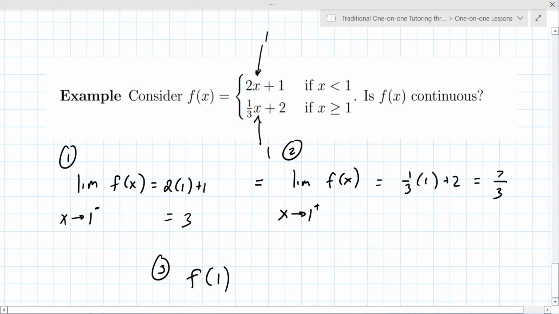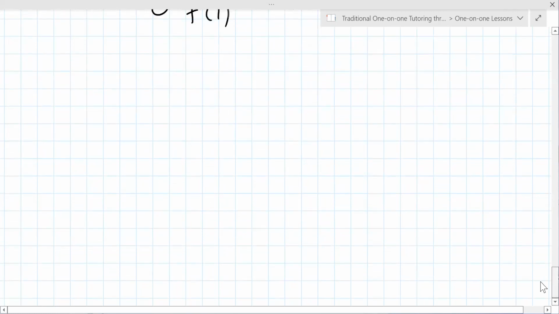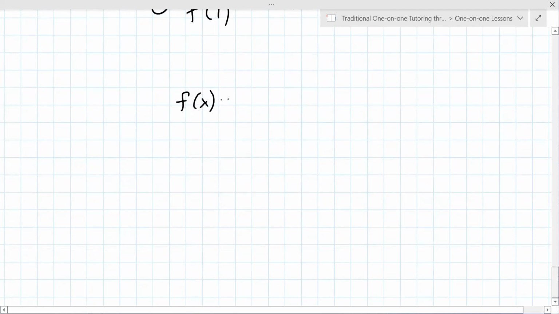Okay. So let me give you one that is continuous, so you can see that, if you're ready for it. Yeah. Okay, so let's say f of x equals x squared for x less than -1, and then negative x for x greater than or equal to -1.